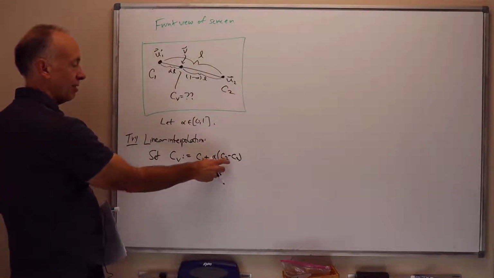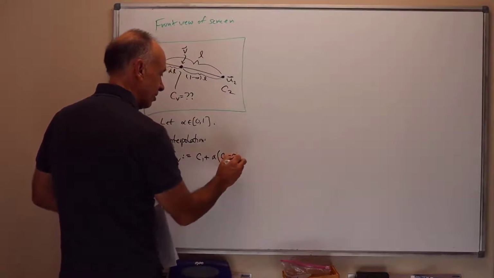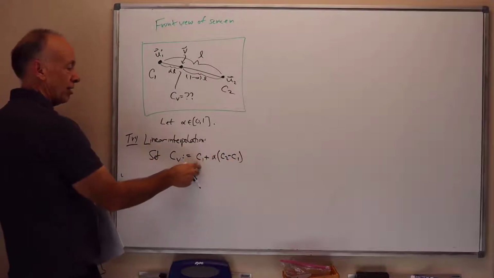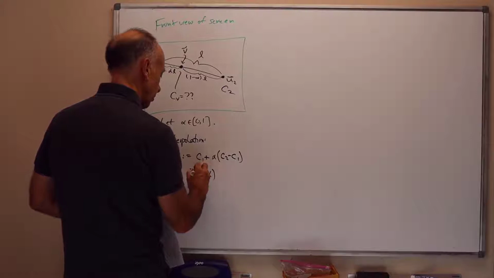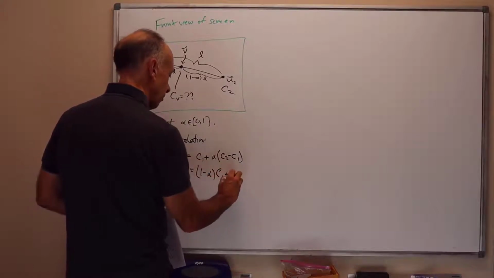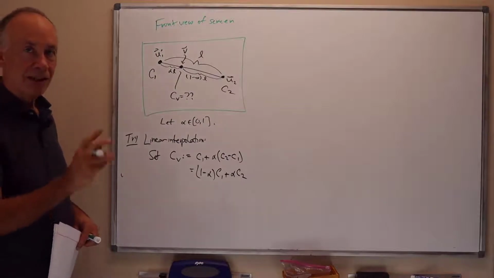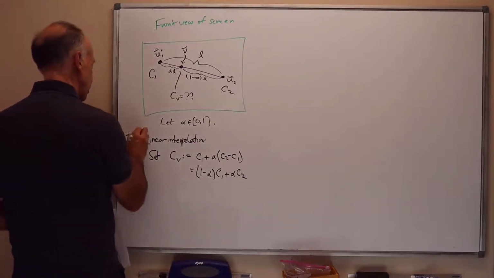So the change in the color from C1 to C2 is C2 minus C1. So we take alpha times the change plus the starting color. And that's also the same as 1 minus alpha times C1 plus alpha times C2. And when we get to chapter 5, we'll see this is just the ordinary linear interpolation formula. But this was just a try.